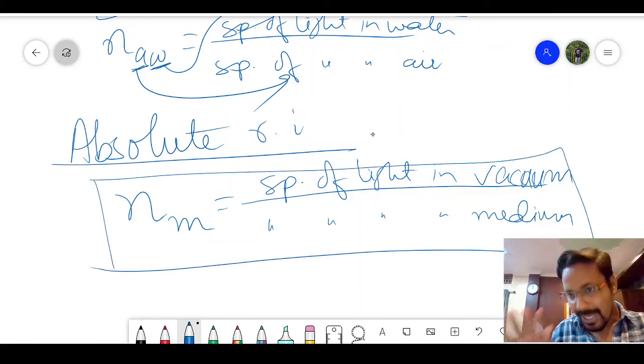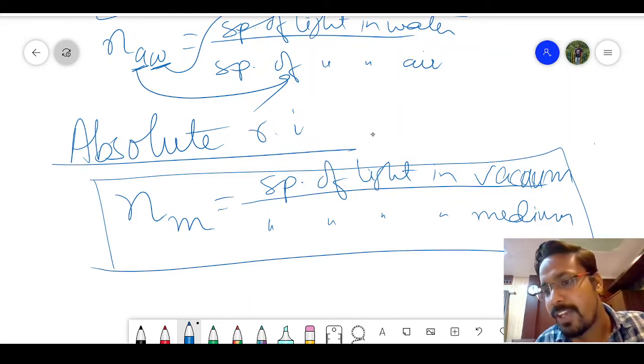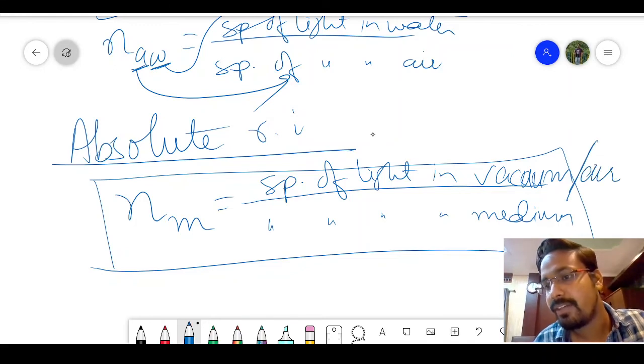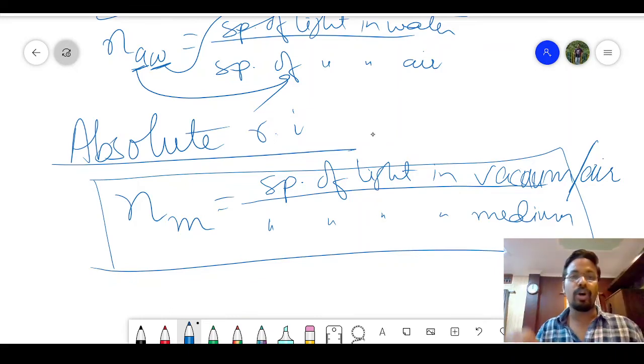Clear? Now in your book you may see that in place of vacuum it is written air: speed of light in air by speed of light in the medium. Now why air? You'll have a pink colored box in your book. Take out the page of refractive index and see the pink colored box.